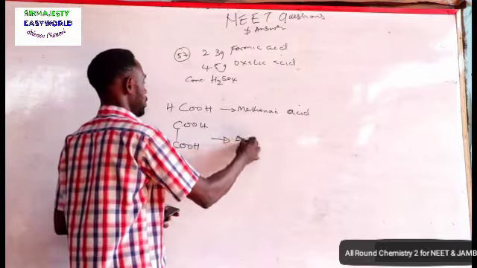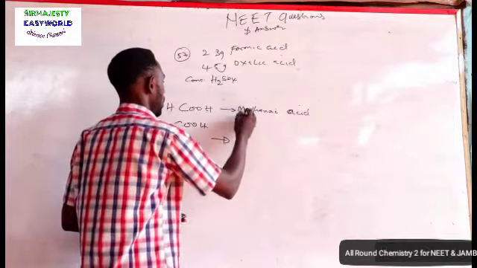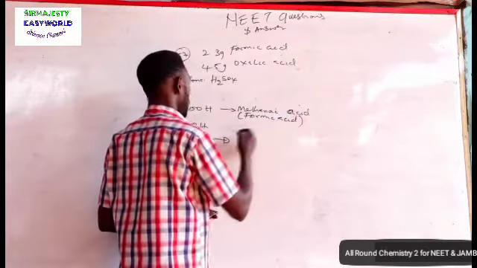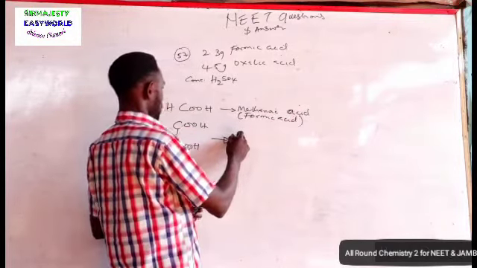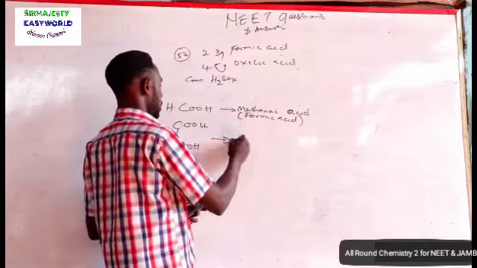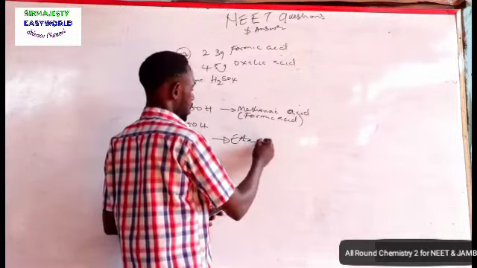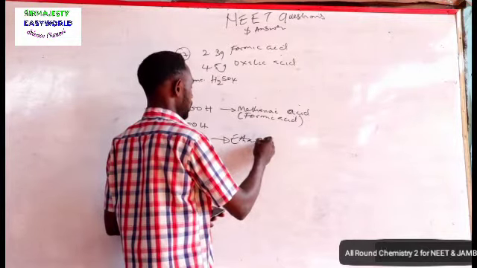So this one is formic acid, and this is called ethane dioic acid, or ethane 1,2-dioic acid.